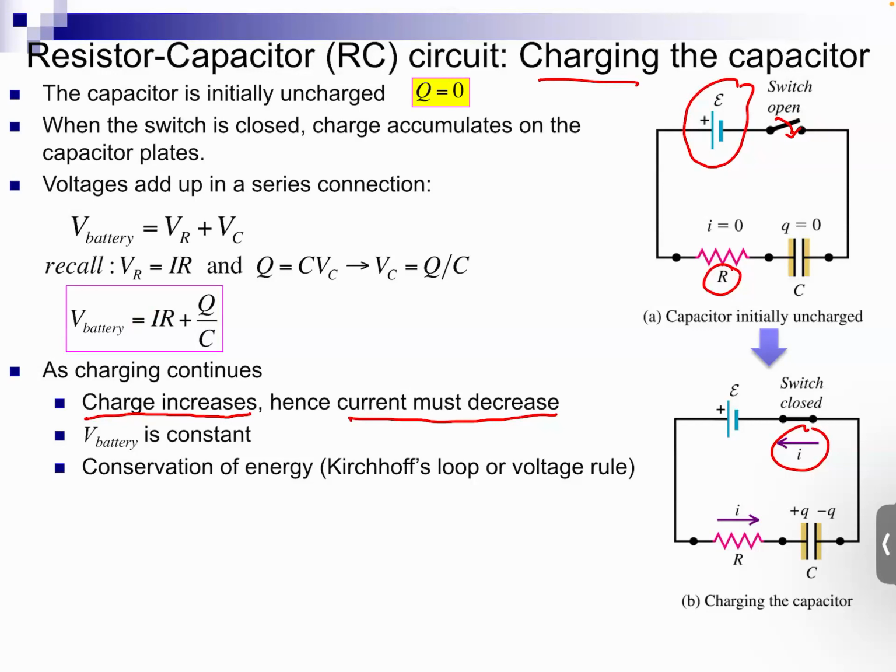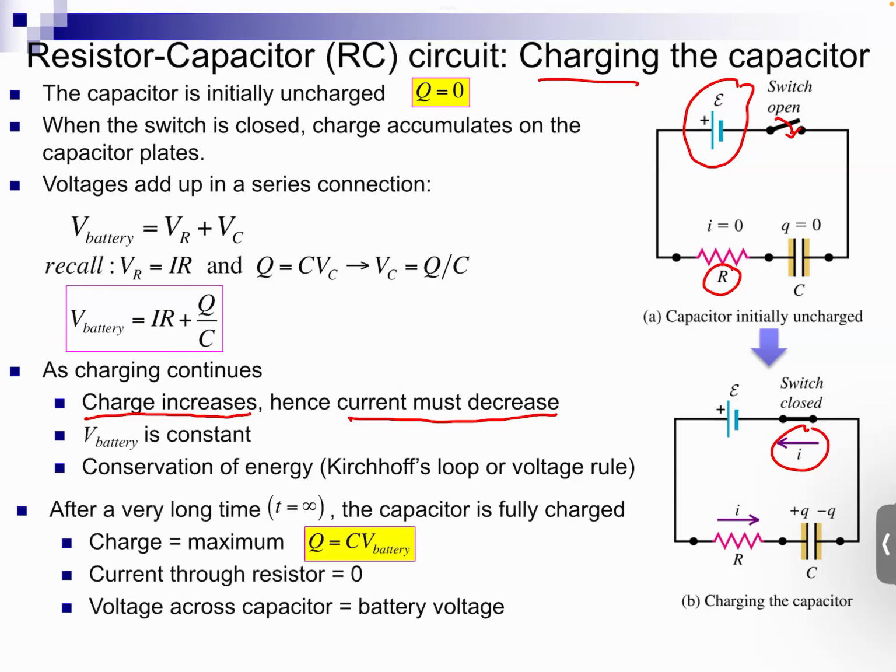That conserves the energy and satisfies Kirchhoff's loop rule, such that after a very, very long time, as time approaches infinity and the capacitor is fully charged, you will have a maximum Q across your capacitor plates, and therefore the voltage will be maximum.